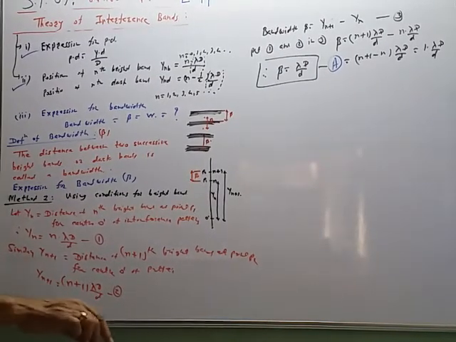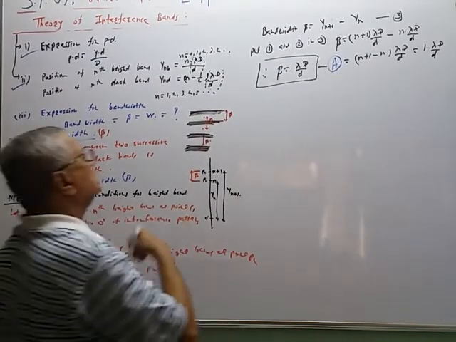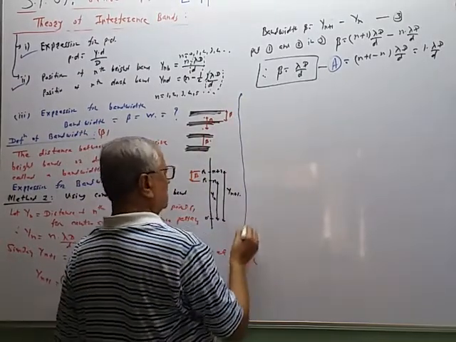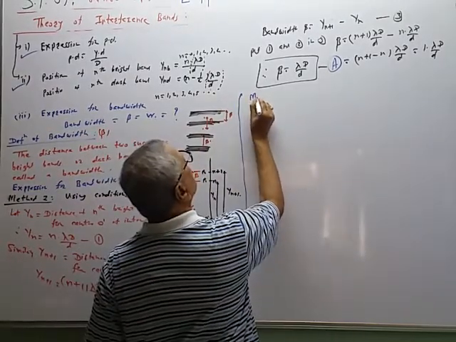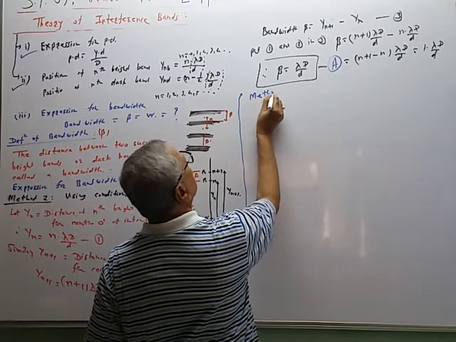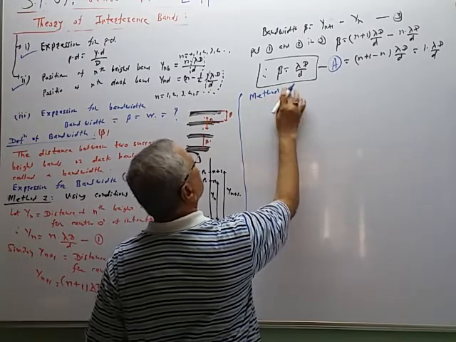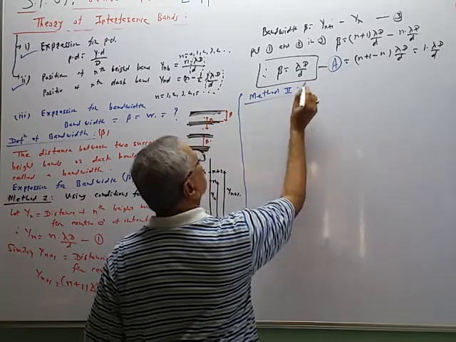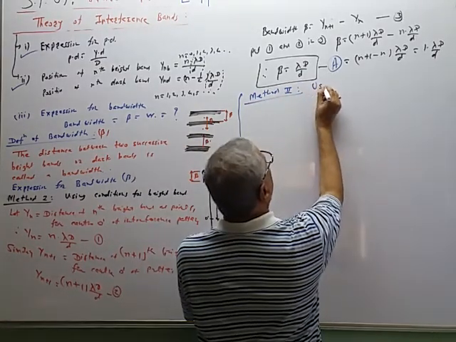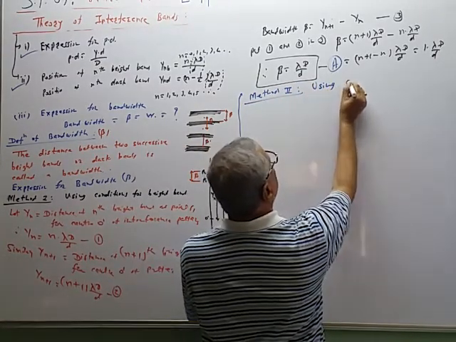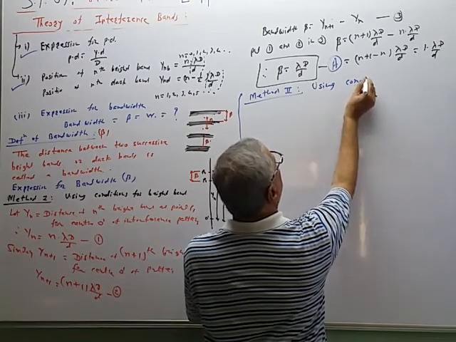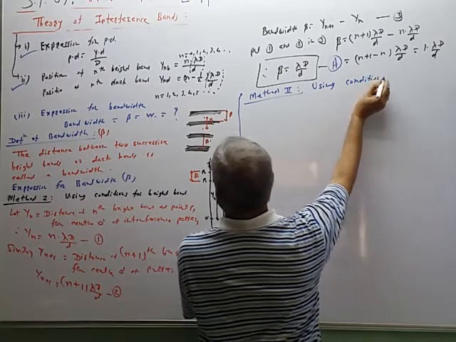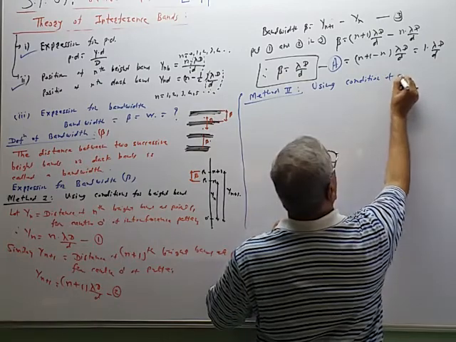Second method. Method 2: using the condition of dark band.